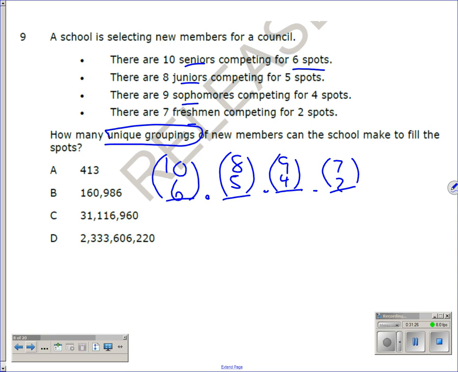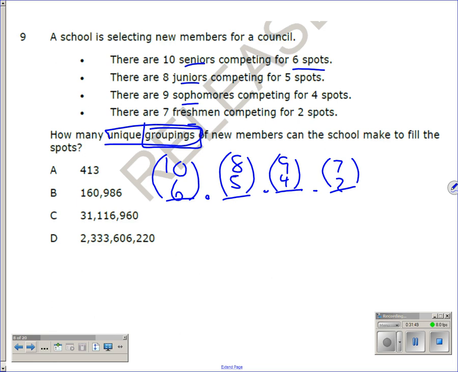And multiply. Permutation would say arrange, order, but if you see grouping, groups, unique groups, that's all combination. And the fact that we have more than one type of group means we're going to have to multiply, because of all the ways.